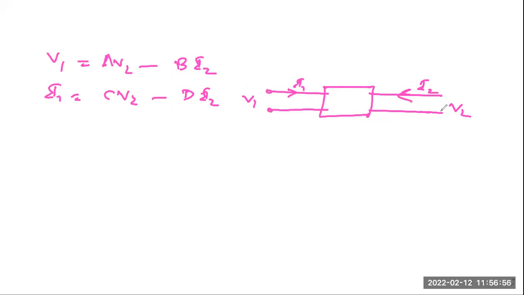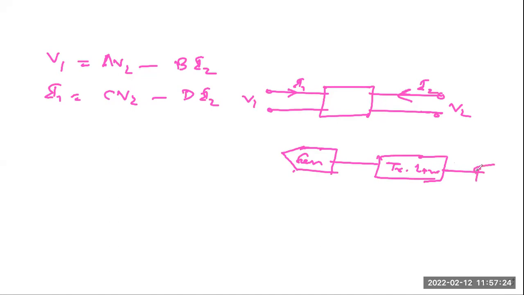Now, in case of a transmission line, it is basically unidirectional, because the generating station is far away from the load center. So let us say this is the generator. After that, you have the transmission line, and at the end, you have the load.